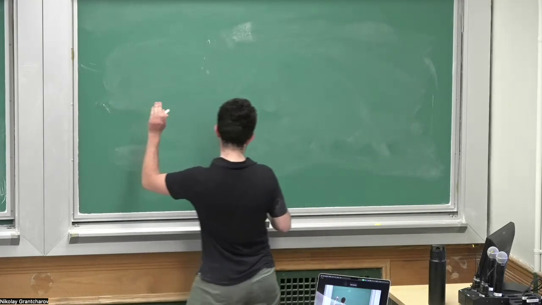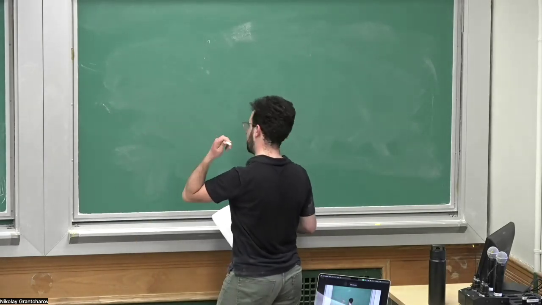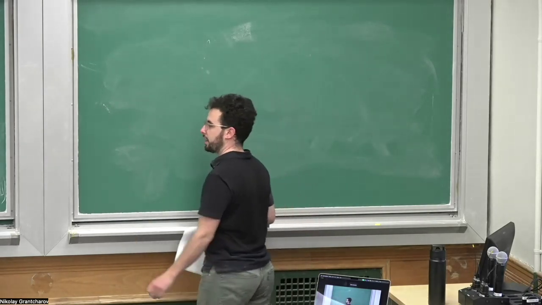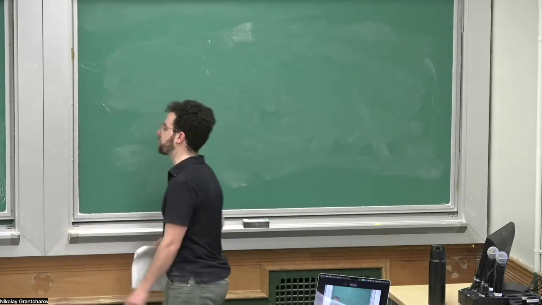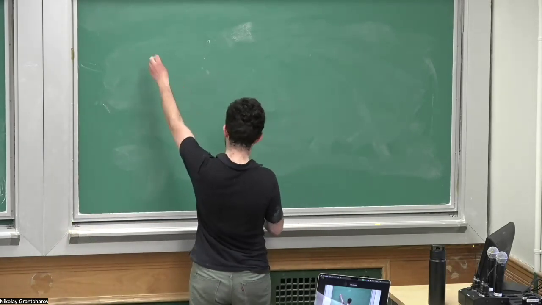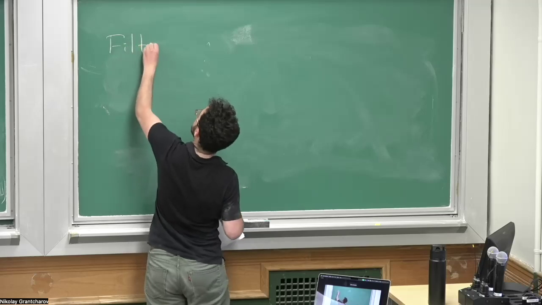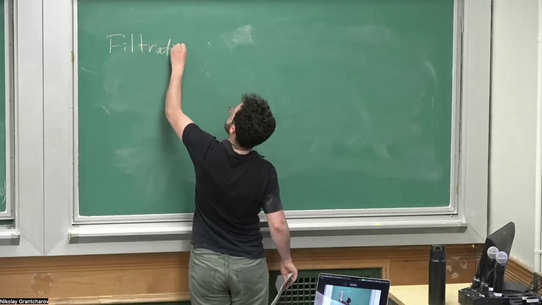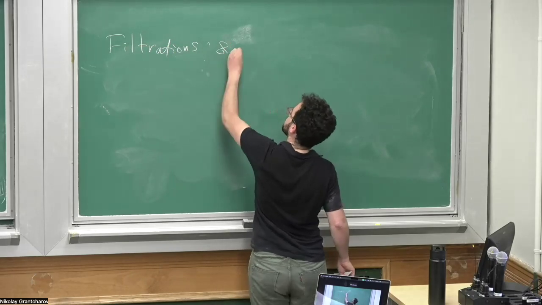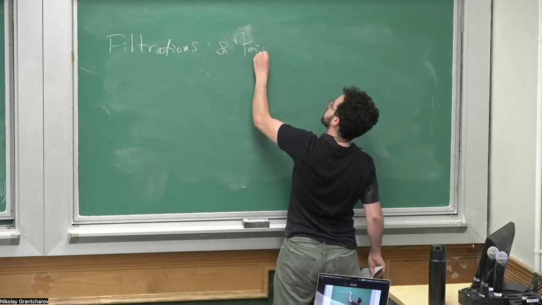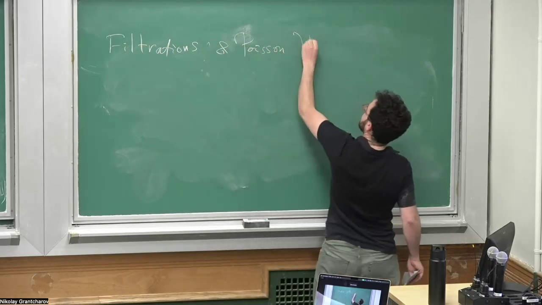So we need here a filtration and the relevant structure for the associated graded: filtrations and some vertex algebra structure.